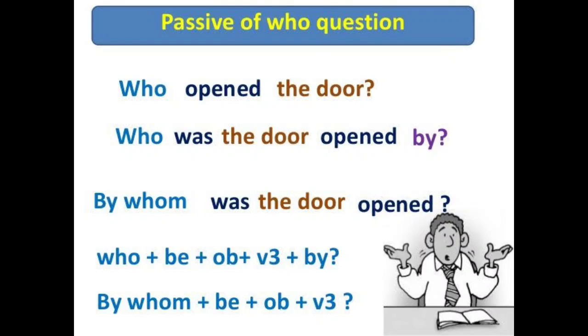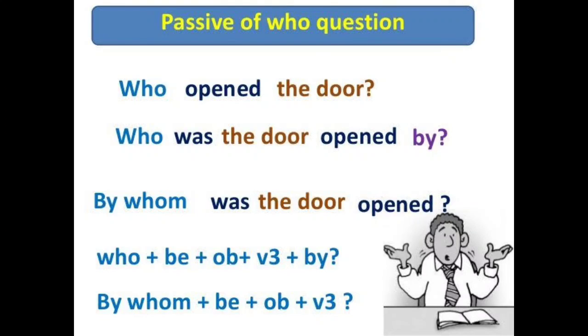As there is no subject, it should be changed into the interrogative in passive by the words "by whom." So, the passive form is "By whom was the door opened?"